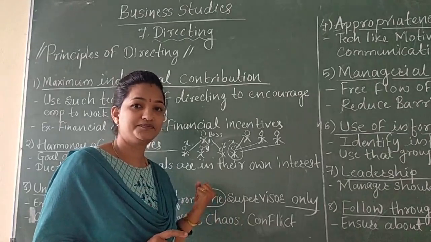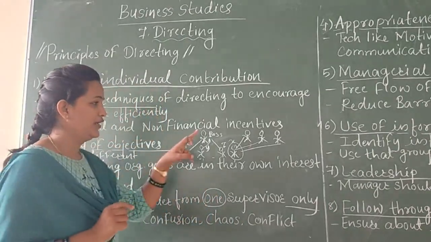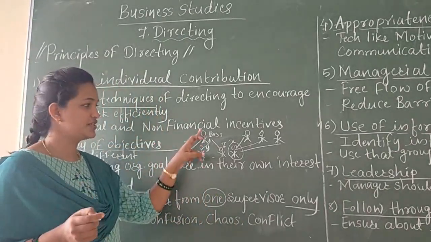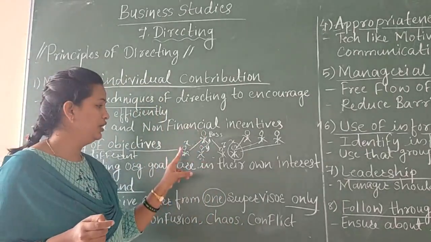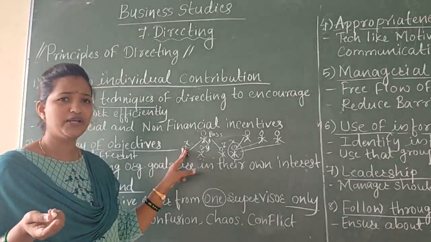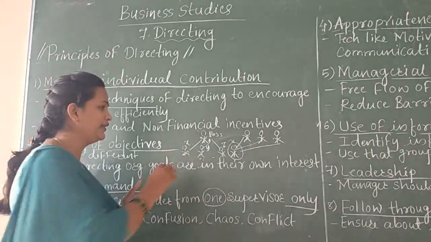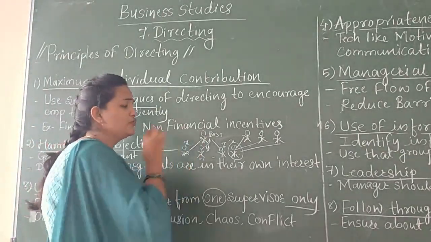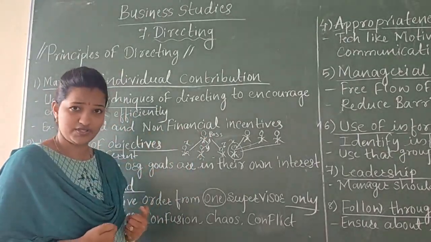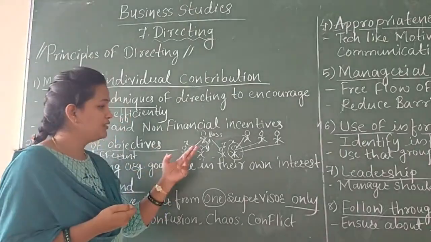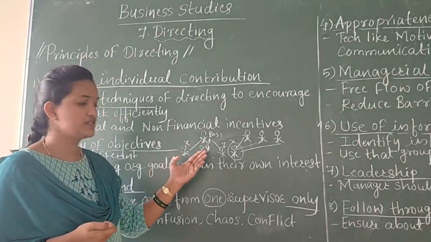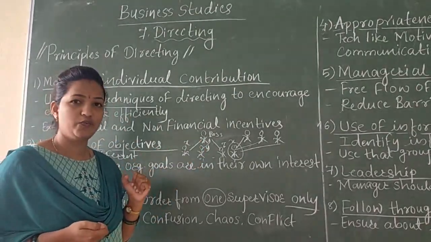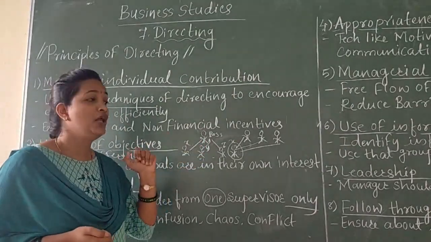And what happens with conflict? In the first diagram, if this boss gives an order to this person, he completes the work without any confusion and reports to this boss only, because he gave the order.